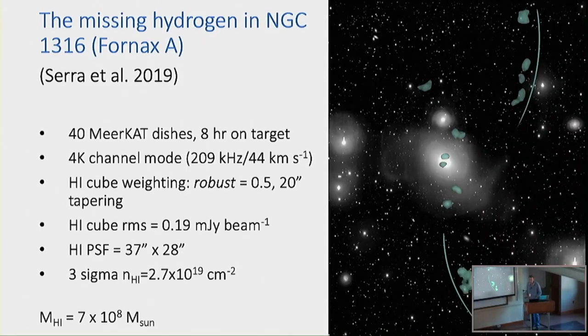This is another very recent publication. So discovering the missing hydrogen in the Fornax A. So most of that missing hydrogen is actually, if I could just point it out, in these clouds along these lines here. And that's solved a long-standing puzzle about why this galaxy is so much less massive than it should be.